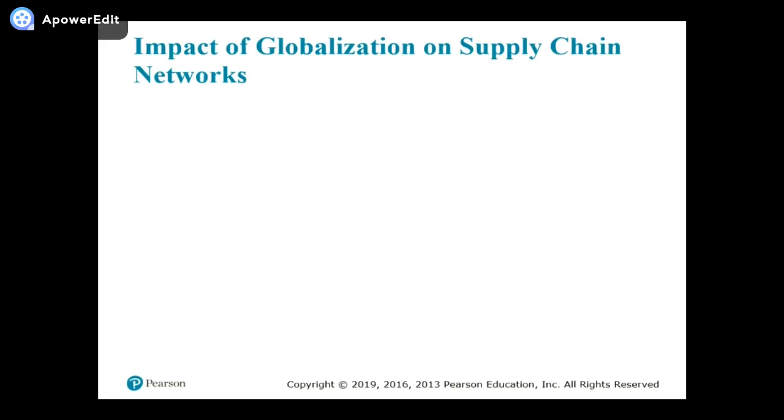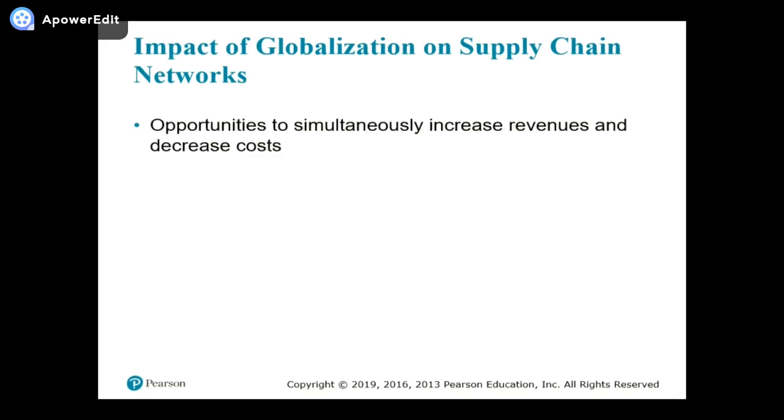So how has globalization impacted supply chain networks? For one, it offers great opportunities to both decrease cost and increase revenue. The story of reducing cost is very well known, and this is why a lot of companies in, for example, the Americas outsource to countries in Asia, Africa, and South America.